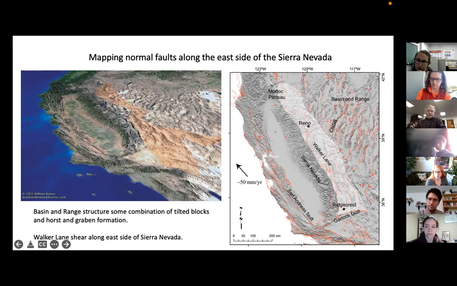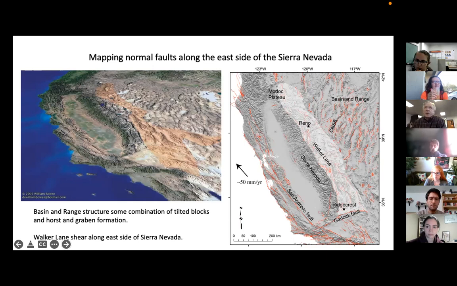I know mapping normal faults can be really easy where you have a really nice, sharp range front trace, but it can also be really difficult because, as we've seen, there are steps in the fault trace, there are bends, and places where it bends and becomes distributed. There are also secondary subsidiary faults in the footwall along the bedrock range front, which generally have smaller scarps than the main scarp, so they're not preserved very well.